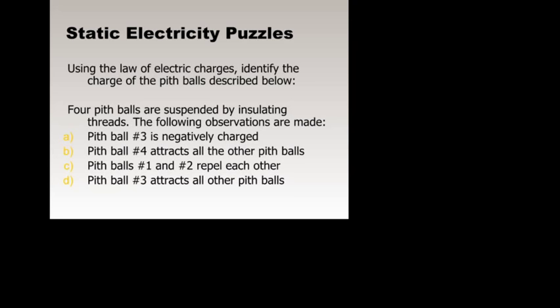We know that pith ball number 3 is negatively charged. We know that pith ball number 4 attracts all of the other pith balls. We know that pith balls number 1 and 2 repel each other.